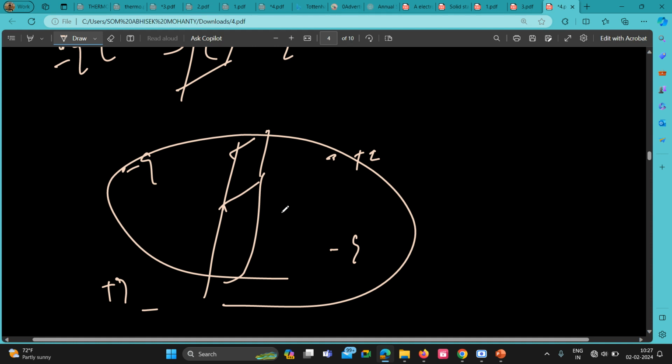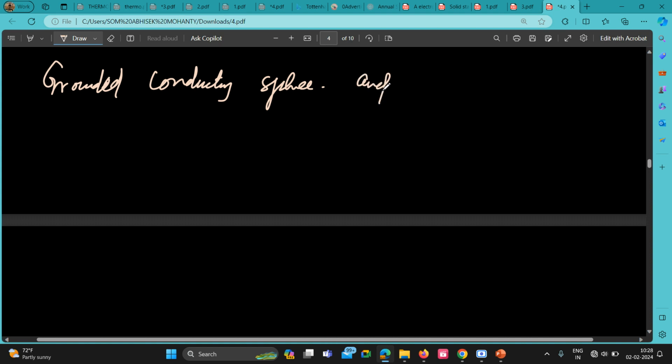Then grounded conducting sphere and point charge.